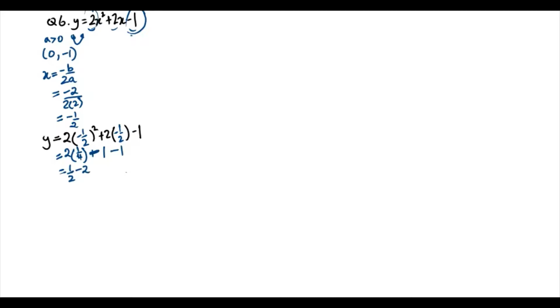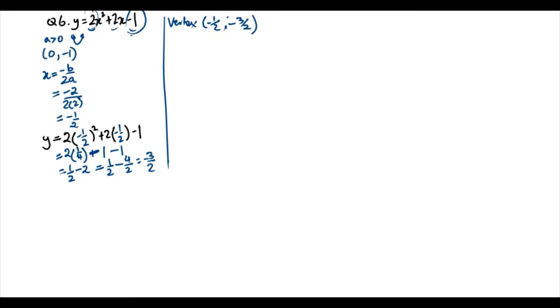Subtract 2. And a quick way of doing that, if you can't see it straight away, is a half subtract 4 on 2, which is negative 3 on 2. So our vertex is at negative a half, negative 3 on 2.